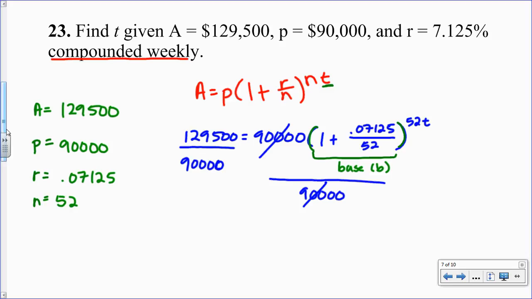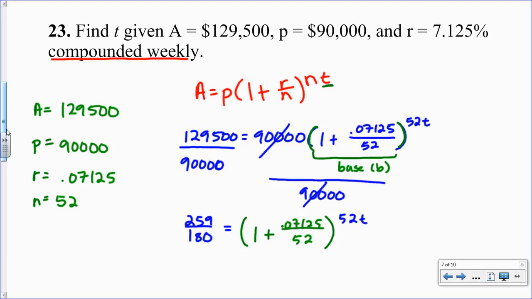So I'm going to keep it as a reduced fraction. You should get 259 over 180, and that equals this base here.